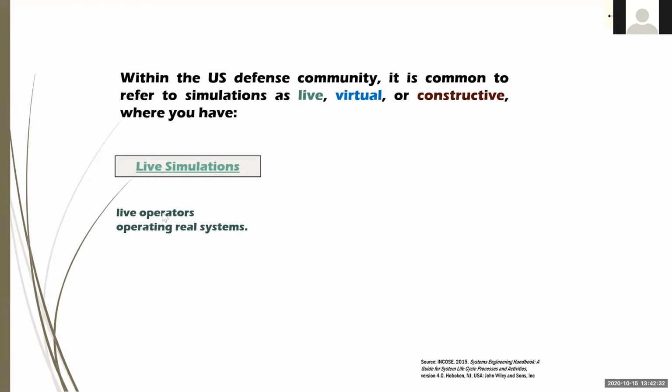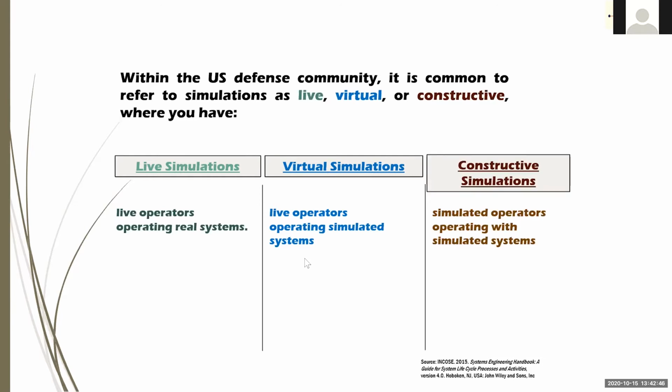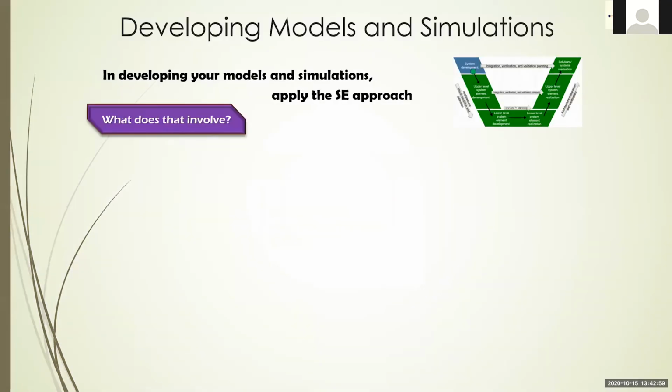So live operators operating real systems, that's what they call live. In virtual simulations, you may have a live operator that is operating a simulated system, okay? And constructive simulations are those that use simulated operators operating simulated systems, okay? So those are the classifications that they gave to the types of simulations.